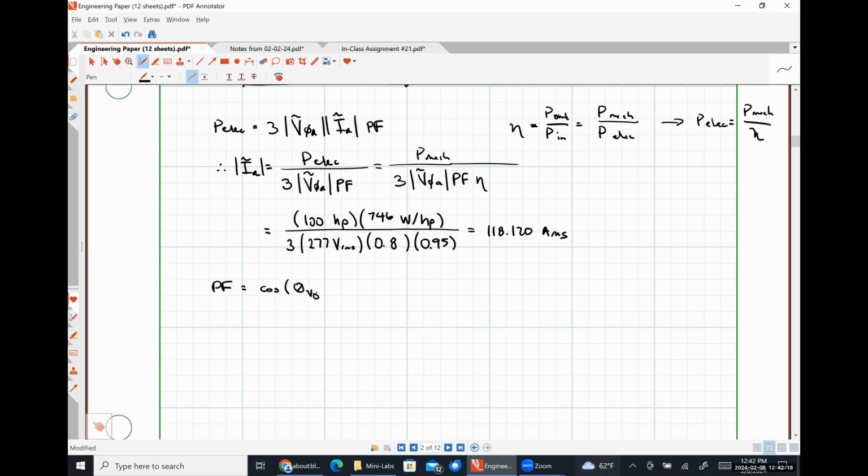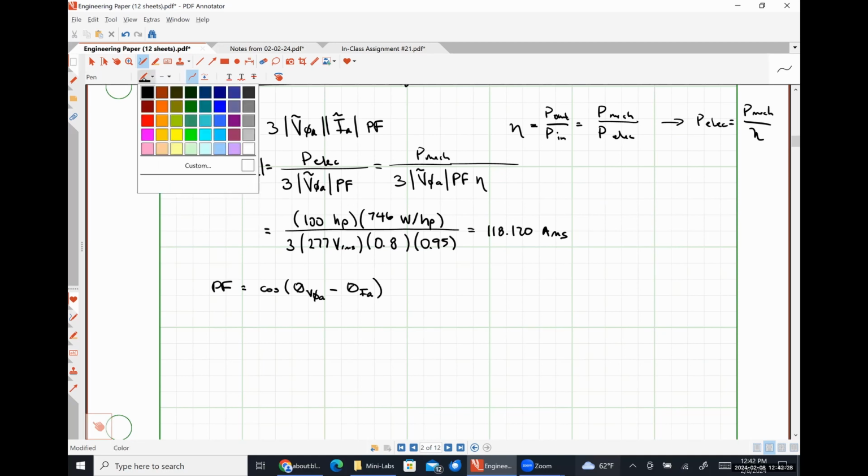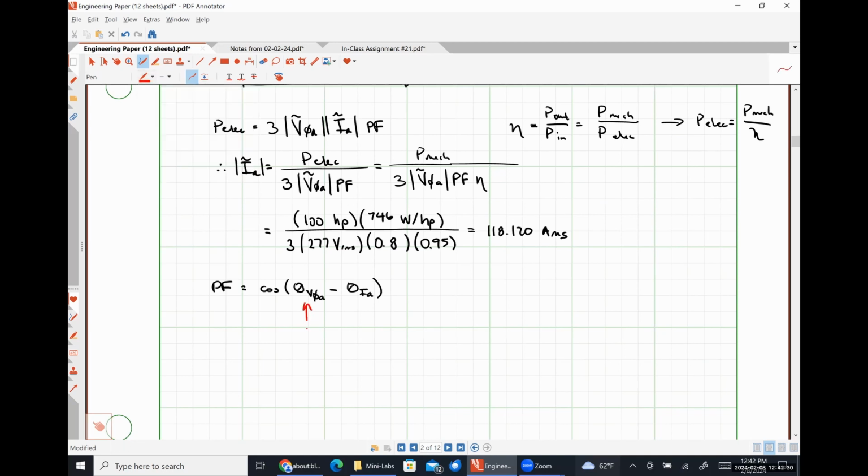So this will be the angle of V phi A minus the angle of IA. We're just going to assume that this guy right here is 0, and just say everything is going to be in reference to that 0 degrees.